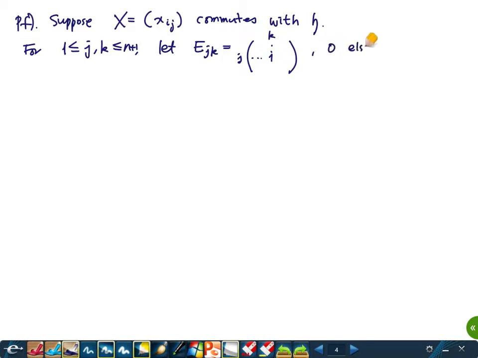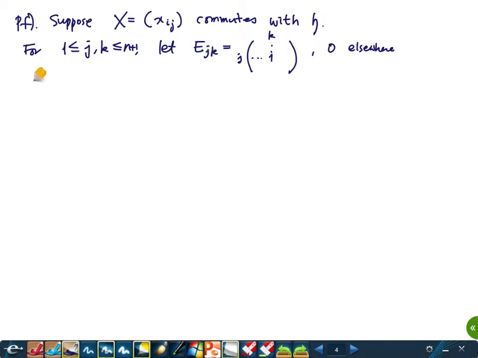So obviously these forms are a basis of the space of n plus 1 by n plus 1 matrices.